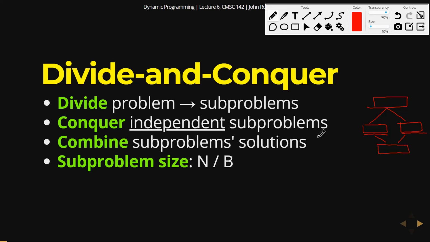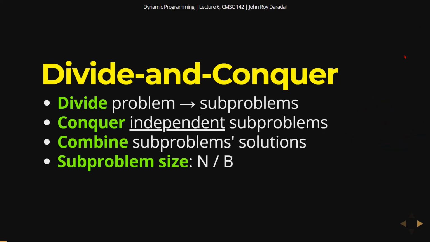So in merge sort, for example, the subproblem size was n over 2, right? This is also n over 2 because we are dividing it in half. Okay, so we are substantially reducing the size of the subproblem because we're dividing it. So that is for divide and conquer.